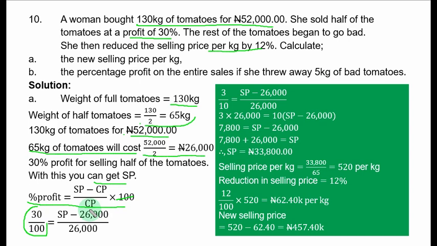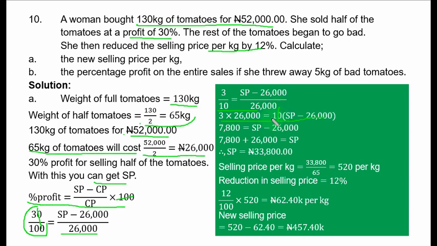You have selling price minus cost price over cost price. If you reduce this by 10, you have 3 over 10 equal to the right hand side. If you cross multiply, you have this result. Instead of multiplying the right hand side to have very large values, you can simply divide through by 10.